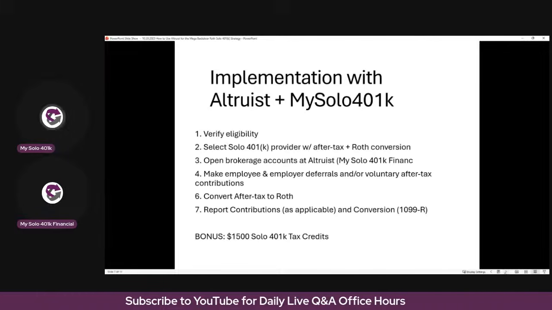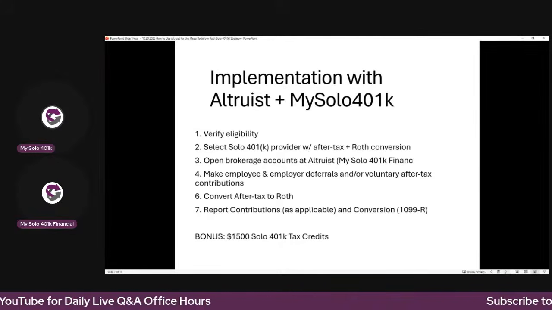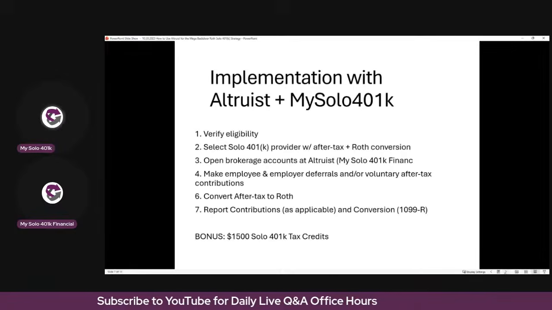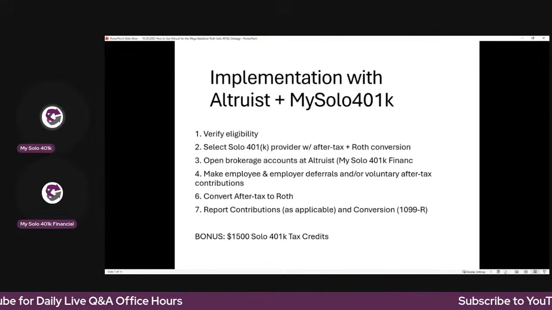For example, if the individual sets up the plan here in 2025, not only would they preserve the ability to make all types of contributions for 2025 anytime until their tax return deadline for 2025 and 2026, the business tax return deadline. So let's say their business is taxed as an S corp.